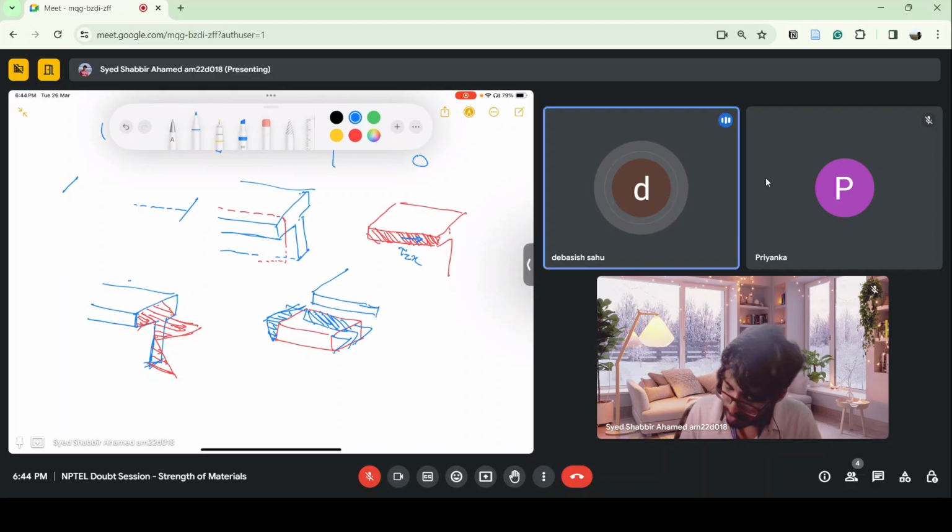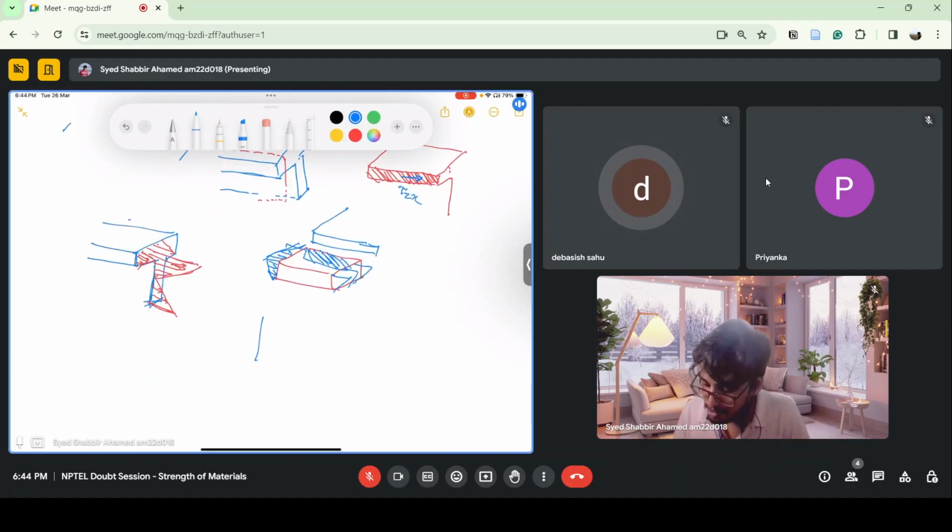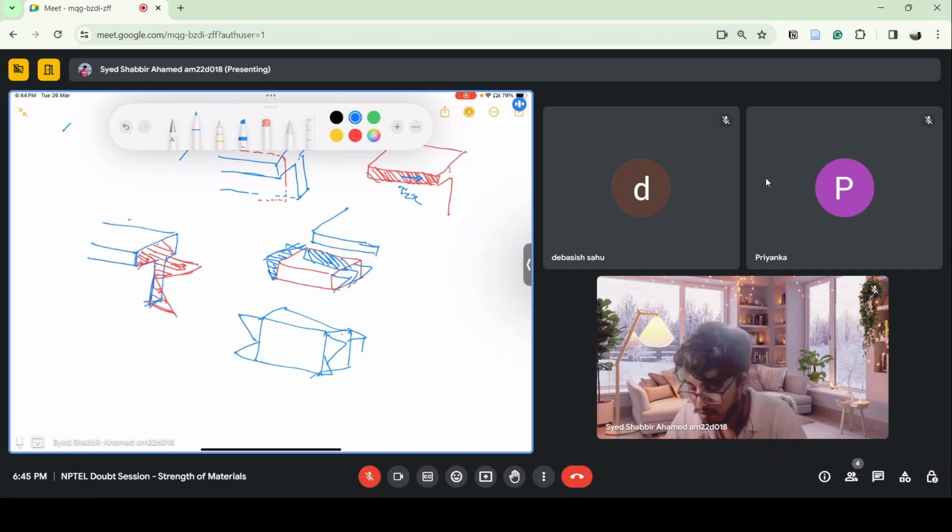No, sir, it is understandable. Okay. For a rectangular section, the stresses we take will give us a net force of 0, so there is no need for any shear stress. But for a flange, the net force is not 0.